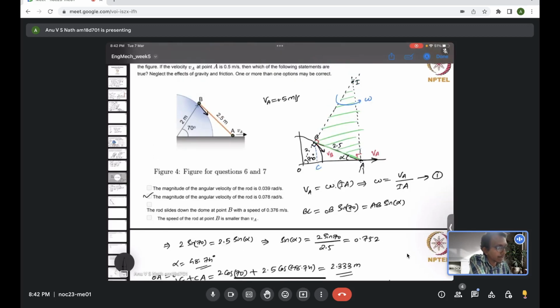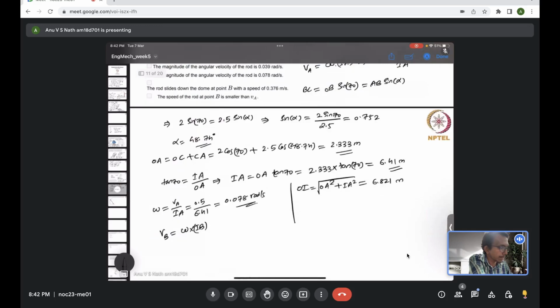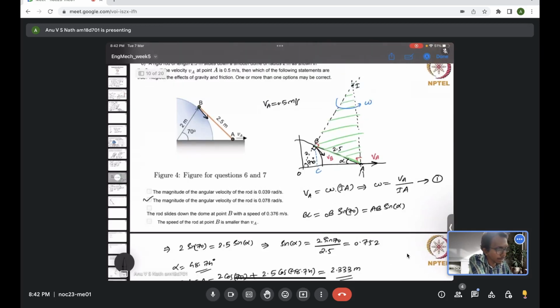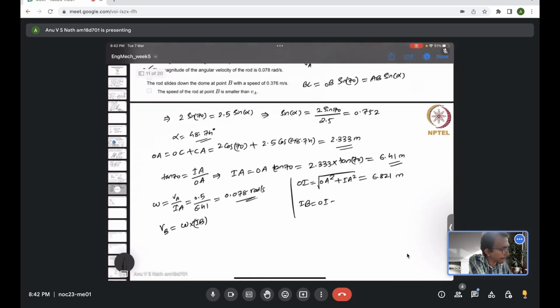Now OI is contributed by OB and BI. So we only need BI or IB. So IB will be OI minus OB, which is 6.821 minus 2, which is 4.821 meter. Now we use that here for velocity of B. Omega is already known, which is common for B also, because it belongs to the same object.